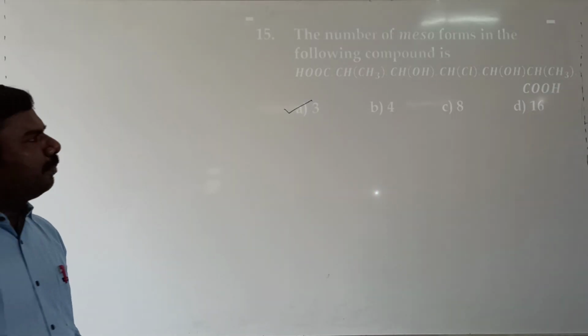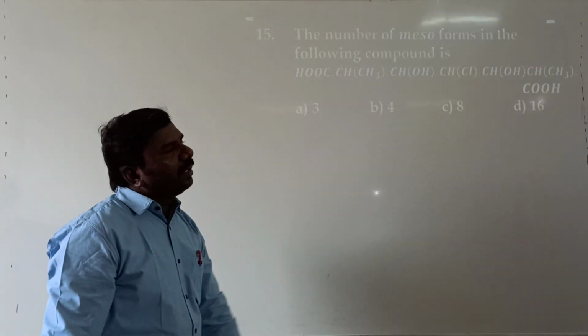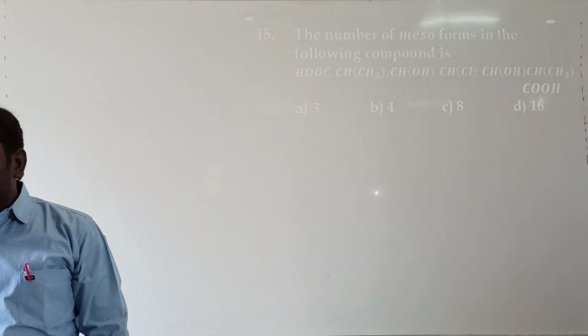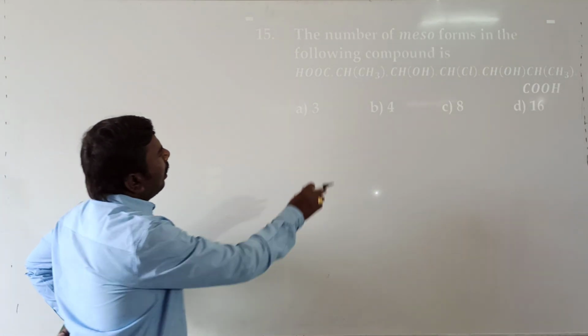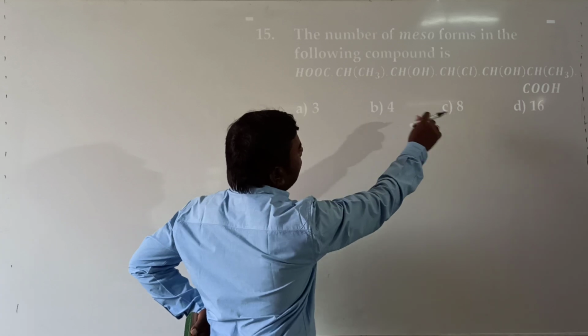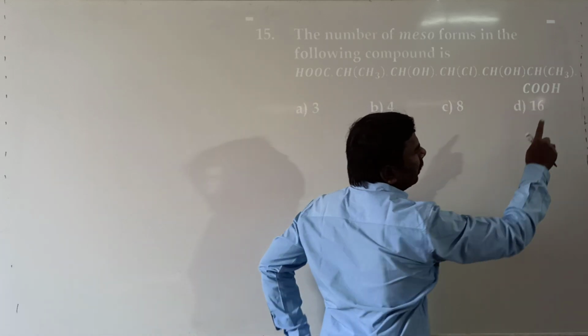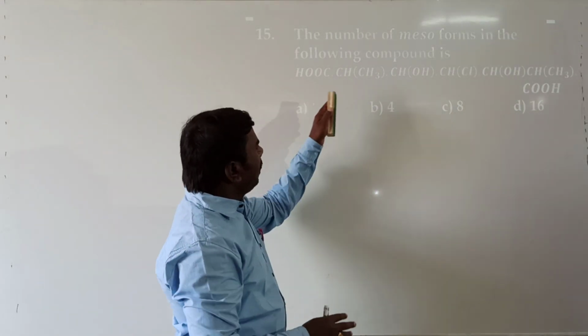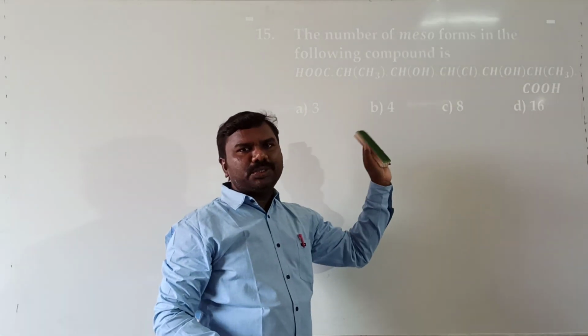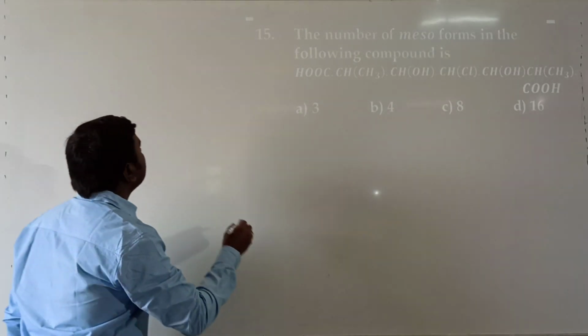So the number of meso isomers for the following compound is asked. The compound has COOH, CH3, CH, CHOH, CHOH. Check it.